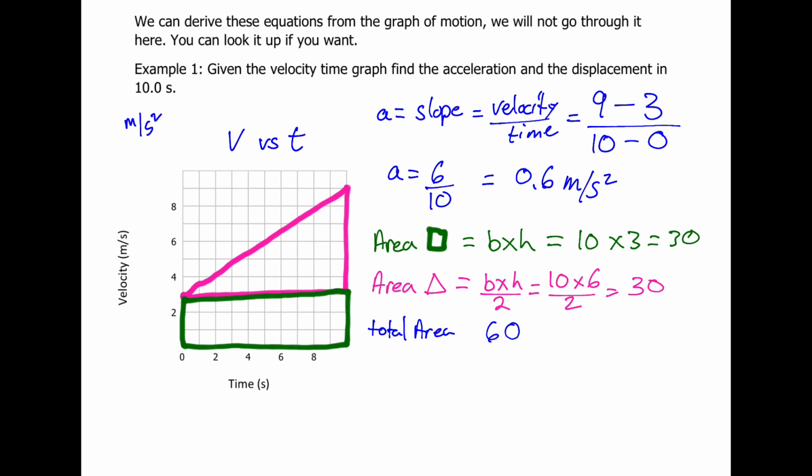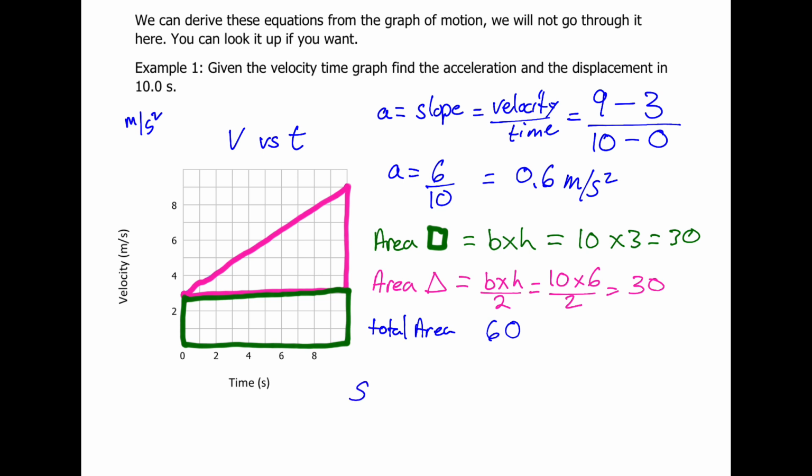Now, 60 what? What have I found? We know the number 60. That part is easy. What am I measuring? How did I find these two things? What is the 10 measured in? Seconds, right? So I'm just going to go down below as an aside.